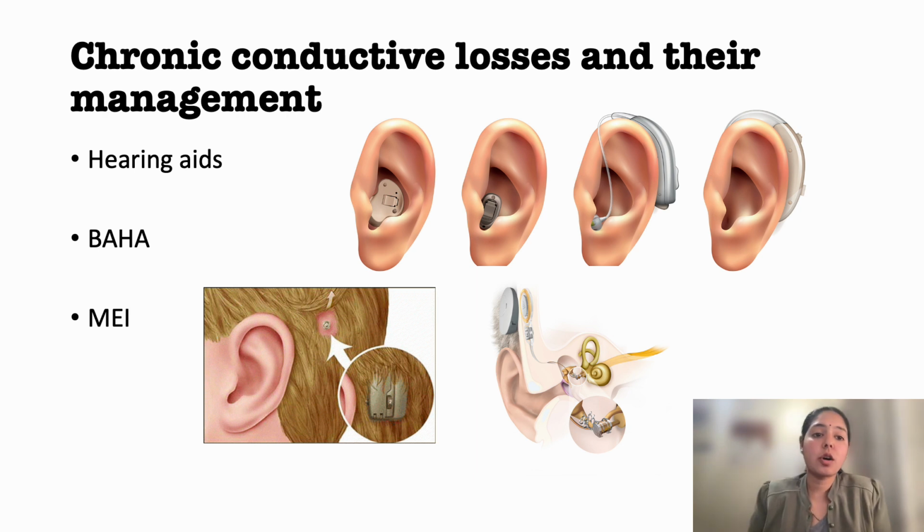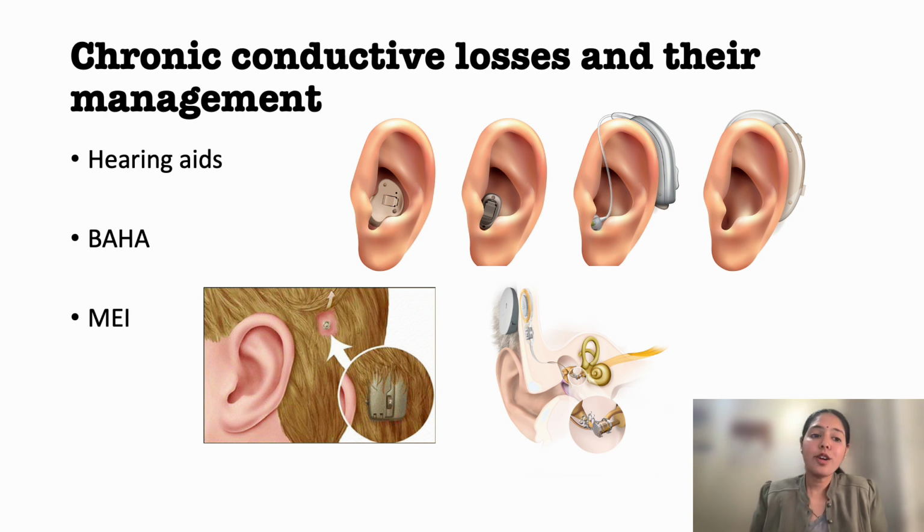Such type of losses are called chronic conductive losses, and sometimes there may be chances that we need to go for other forms of management apart from antibiotics, apart from medication, apart from surgery. And that can be either the option of having hearing aids, special types of implantable devices known as bone-anchored hearing aids, which is the BAHA, or middle ear implants, that is the MIEs.